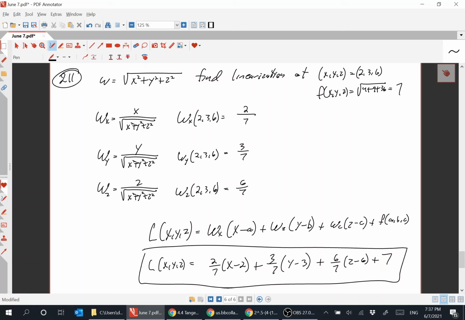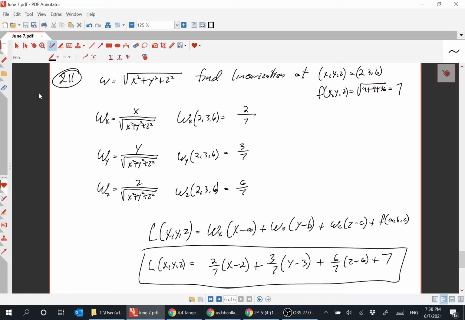So, right, the linear approximation of the function at (2, 3, 6) is this. So if you want to estimate the value of f using its linearization for small values of delta x, delta y, delta z, like 2.01, 2.99, and 6.02 or something like that, you can use this linear approximation.